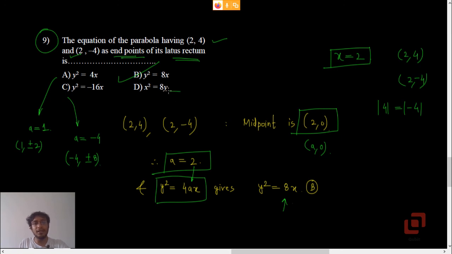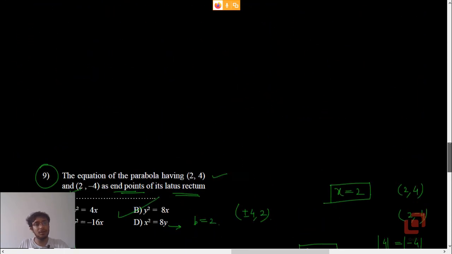If you go to D, then the value of b is 2. Okay, so the endpoints of the latus rectum are plus or minus 4 comma 2. Everything is formula based. Let's now go to the last MCQ.